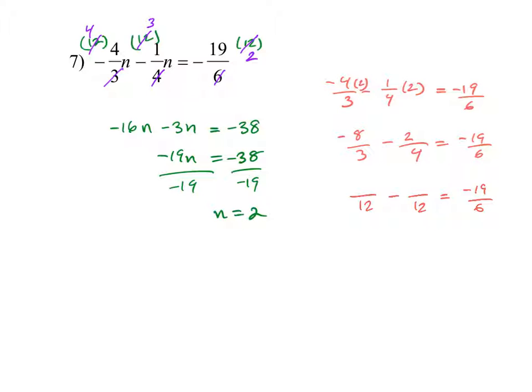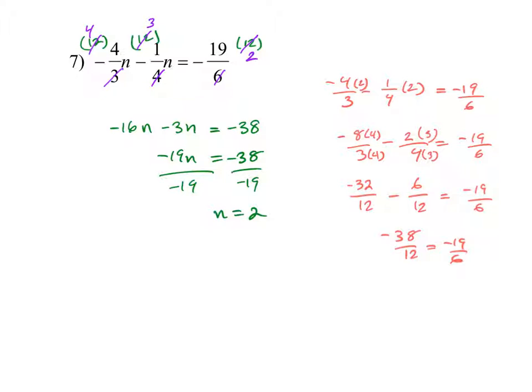That means that I have to multiply this fraction times 4 so I can get this 12 here. So 3 times 4 is 12, right? So I need to multiply also on the numerator. So this is negative 32. Now I need to multiply this one times 3, so I have negative 6. So I have negative 38 over 12.